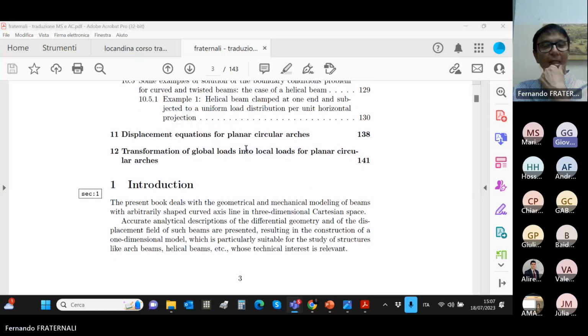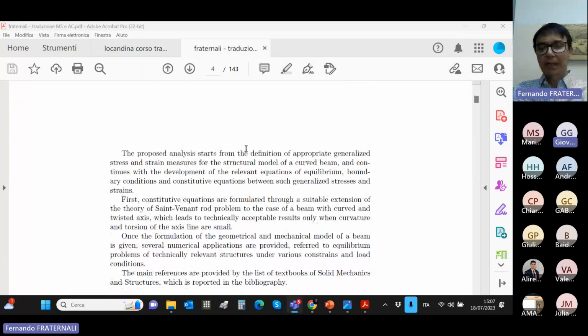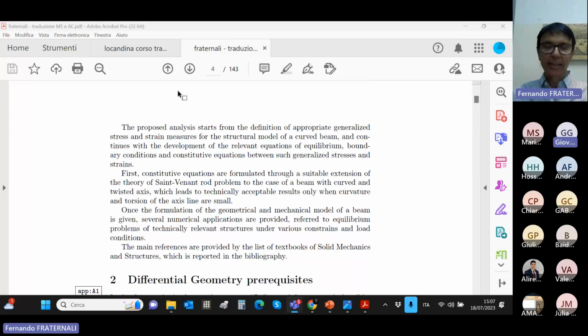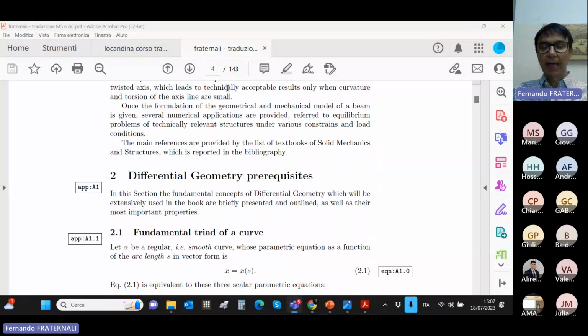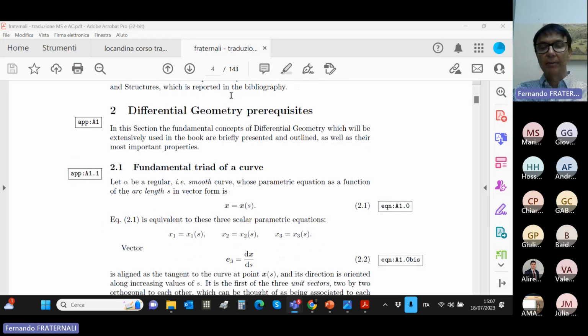Basically, yesterday we presented the model of a curved beam and also explained some basic results. The starting point was some elements of differential geometry, which are related mainly to the axis line of the beams that we will study.